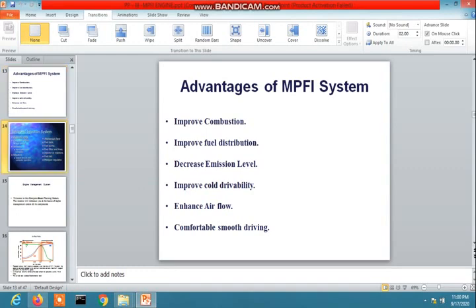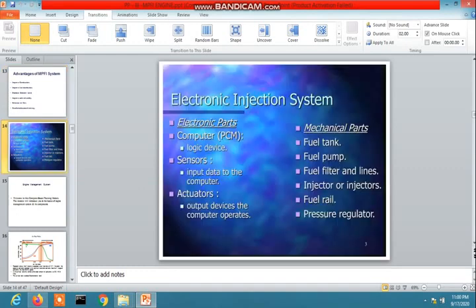Now electronic injection system. Modern gasoline engine systems use engine sensors and a computer, and also solenoid operated fuel injectors to meter and inject the right amount of fuel into the engine cylinder.